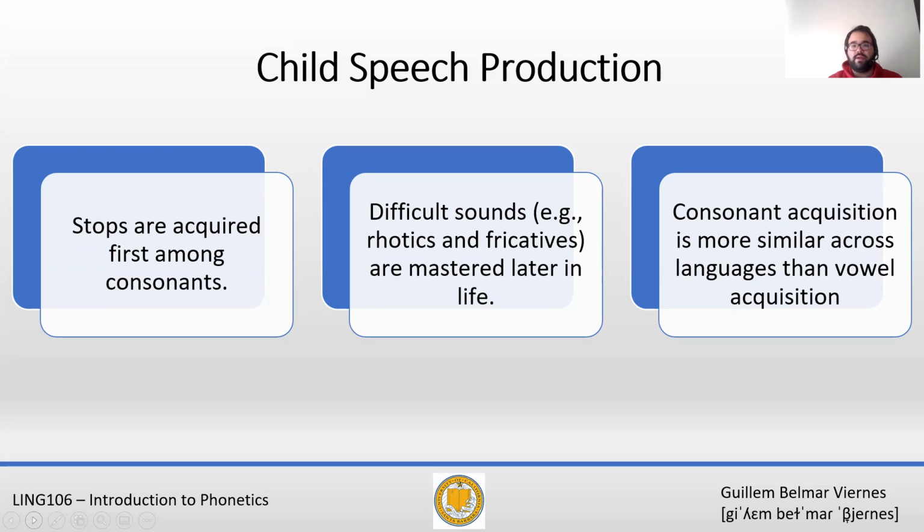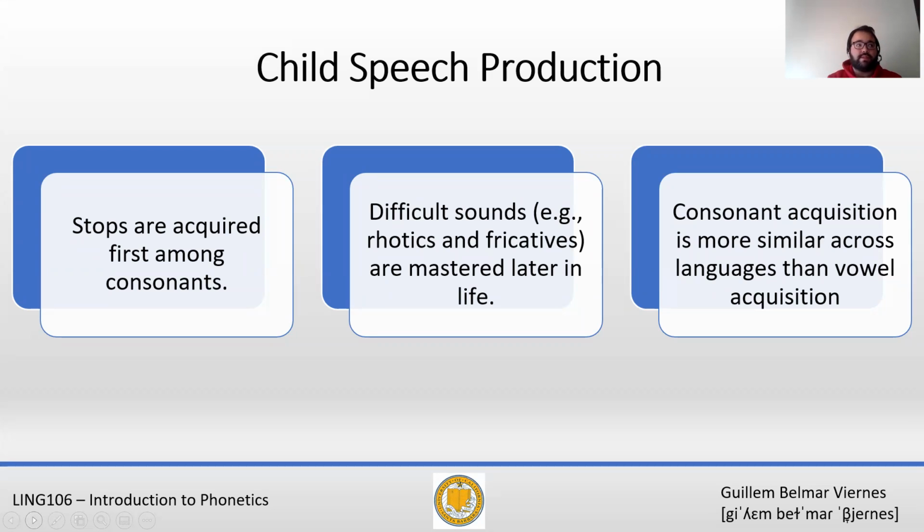It is a very common thing, and that also has some ties in with the SLP guest lecture that you also had. So a lot of SLP interventions are around rhotics and fricatives because these are difficult sounds across languages to acquire. So you have the rhotics and you have the fricatives, like S, or the sibilants, which is very common, but also other kinds of fricatives.